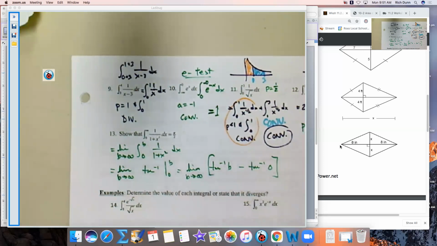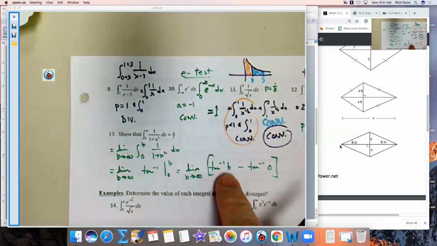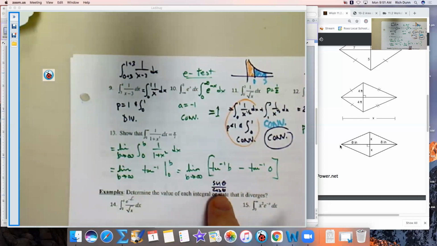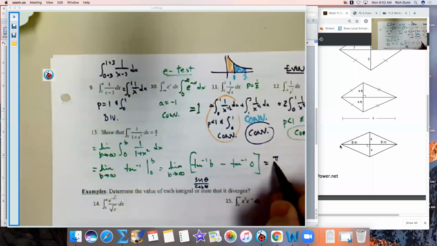Let's think about this. When b goes to infinity, remember tangent is sine theta over cosine theta. So when b goes to infinity, that means our cosine is the one that's going to go to 0, and we know that cosine goes to 0 at 1/2 pi.